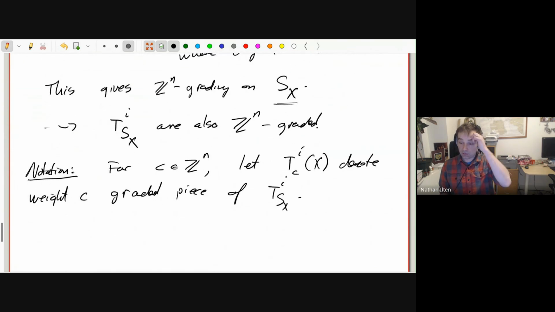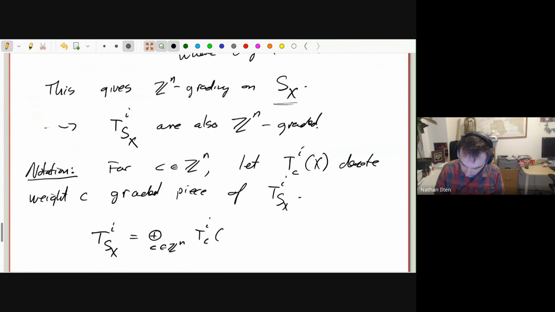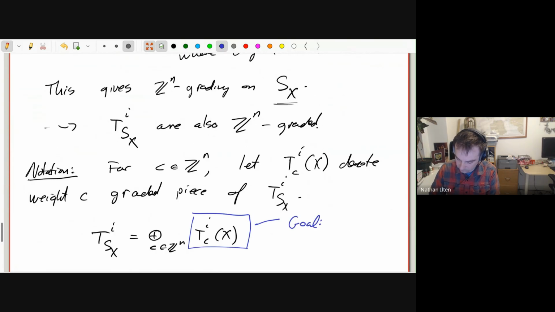So the idea is, if I'm interested in Ti Sx, we can split this up as a direct sum over all weights c in Z^n of these Ti,c of x's. Okay, so we've split it up into this direct sum of graded pieces. And our goal is going to be, at least in favorable situations, to give some combinatorial description of what these graded pieces Ti,c of x are.